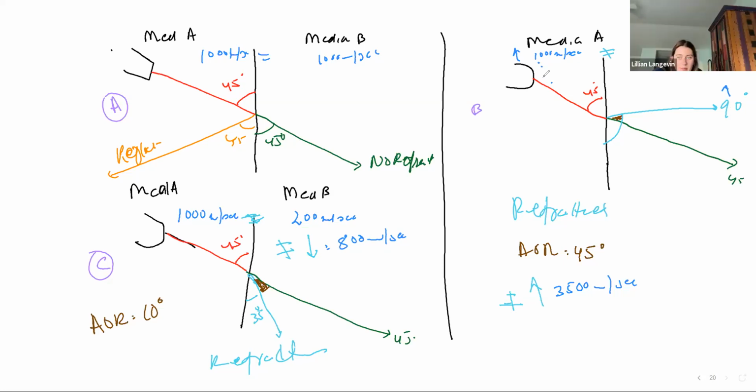Yep. Thank you. Whereas if you go to C, oblique incidence, we got that one. Clear? We got a refraction.